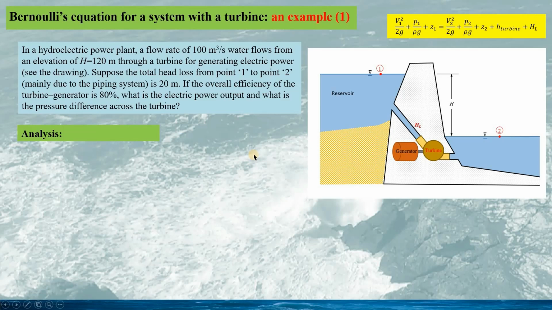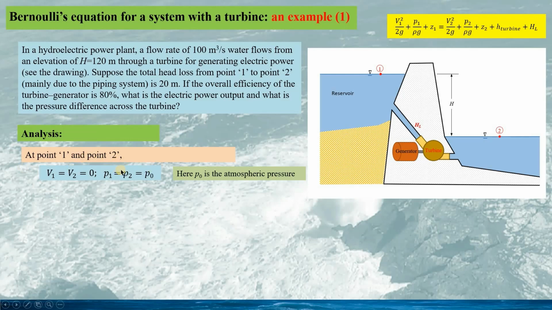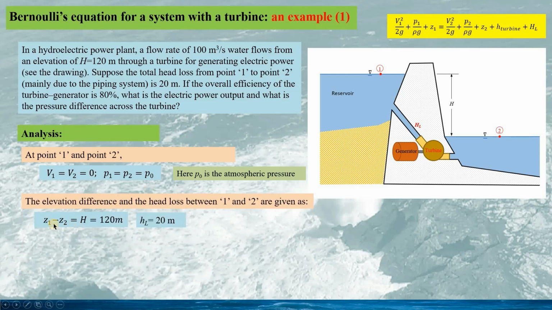Again, the problem will be examined using the modified Bernoulli's equation here for point 1 and point 2. In the analysis, at point 1 and point 2, the velocities v1 and v2 are both 0, and the pressures p1, p2 are both the same as the atmospheric pressure p0. The elevation difference is given by z1 minus z2 equaling h as 120 meters, and the head loss HL is 20 meters.